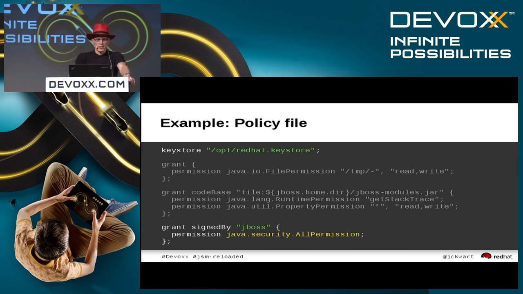In this case, it's a special type of permission named AllPermission. What does it mean? If you have AllPermission, you don't need any other. You are automatically allowed to do anything. And of course, usually you put more grant entries into your policy file.